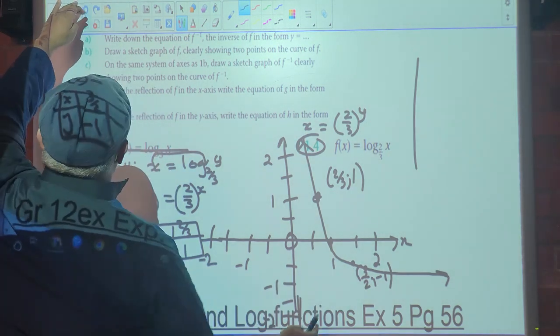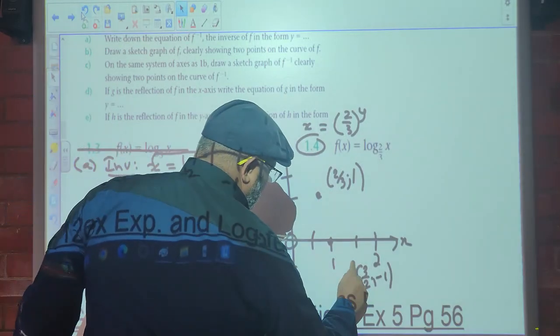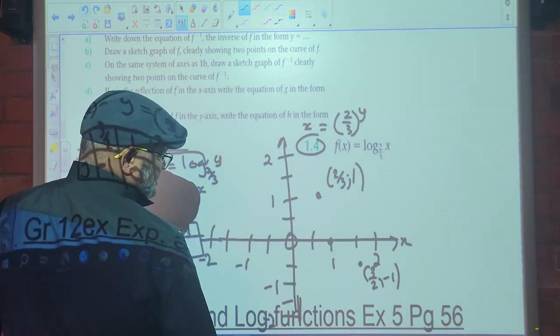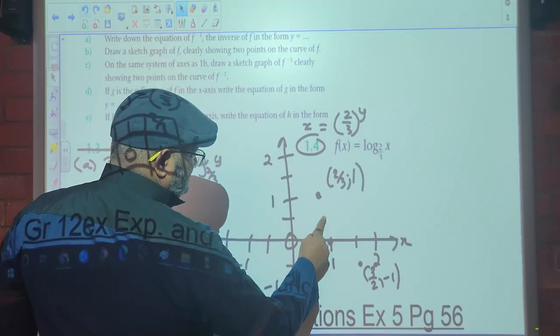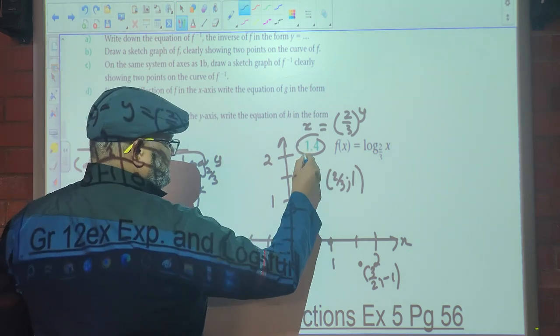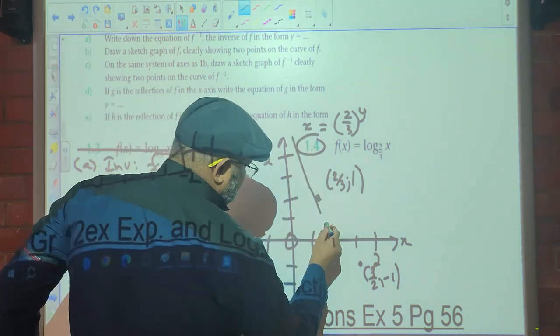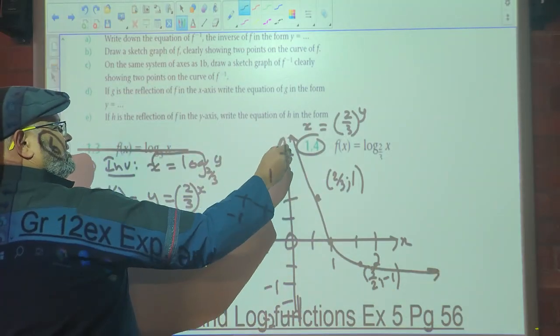Oh, because of this point. Okay, I'm just going to move this point a bit over to where it should have been. It can look more realistic. This is 1. I'm not going to get a nice curve here. But anyway, you guys should get the idea by now. Okay, that is your f of x graph.